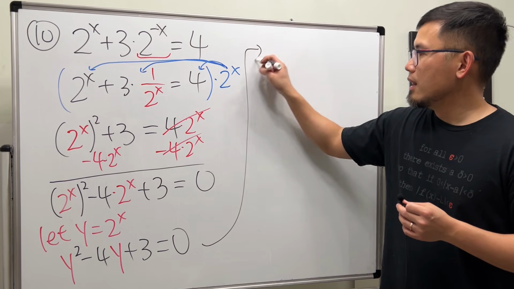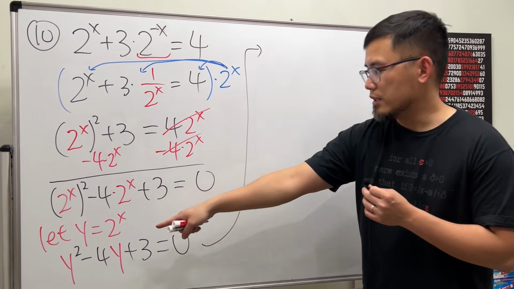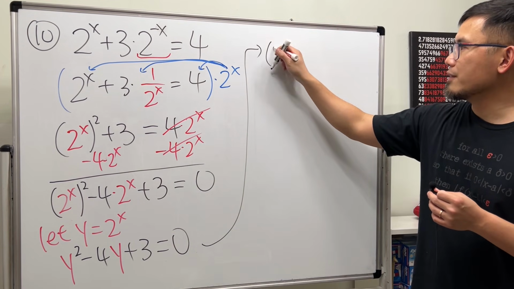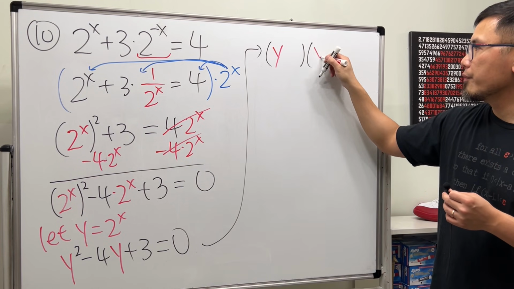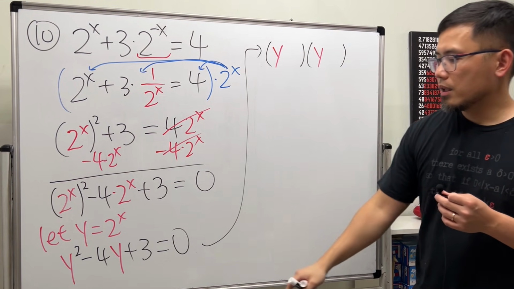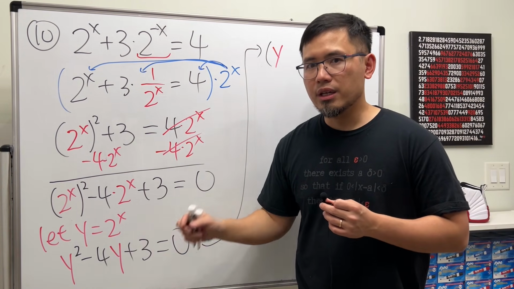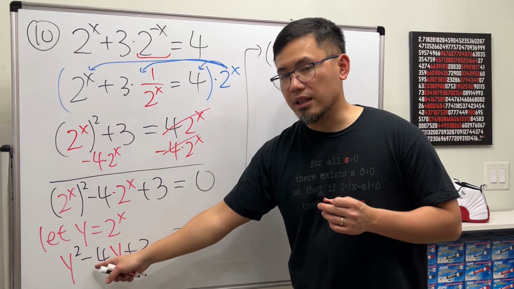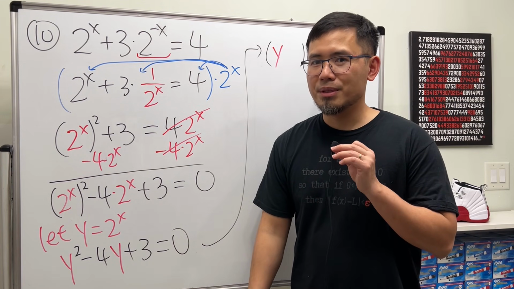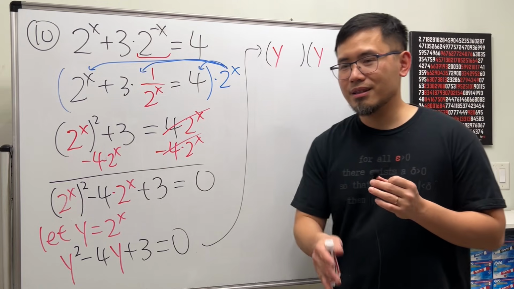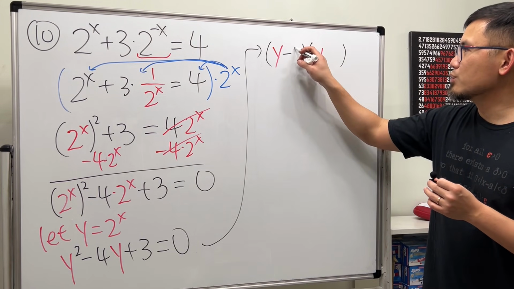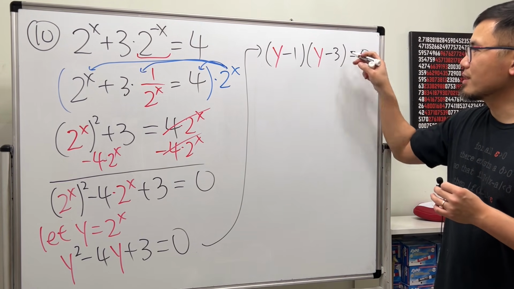So now let's go and factor this. It's just y squared, so we need to have y and y. What two numbers multiply to give positive 3 and together add up to negative 4? The correct combination is negative 1 and negative 3. So here, y minus 1, y minus 3, that's equal to 0.